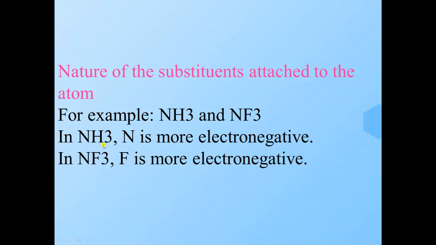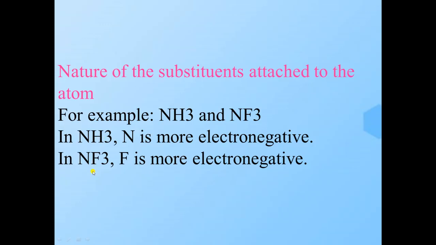In NH3, nitrogen is more electronegative. That means when there is sharing of electron between these atoms, nitrogen will attract the shared pair of electron towards itself more. So nitrogen is more electronegative and hydrogen is less electronegative. So there will be partial negative charge on nitrogen and partial positive charge on hydrogen atom.